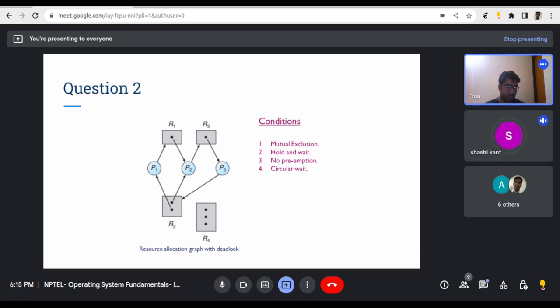Sorry, I have a question, can I ask? Yeah, sure. Suppose there is a code and there is a shared resource, and the code is allowing processes to be in the critical section one by one. In that scenario, will there be a deadlock if there is a single resource?